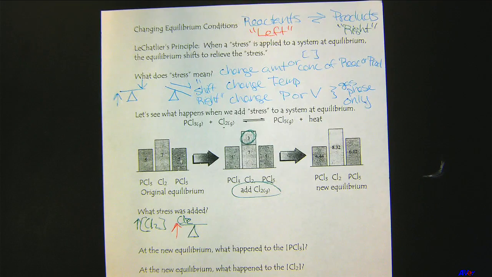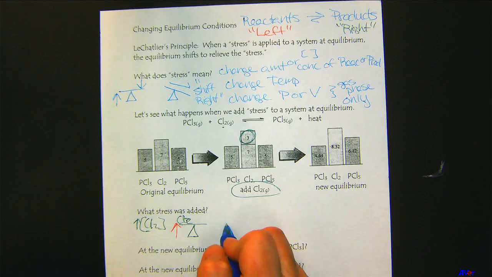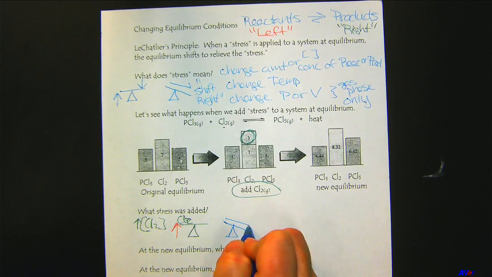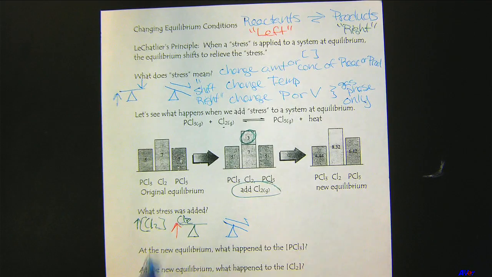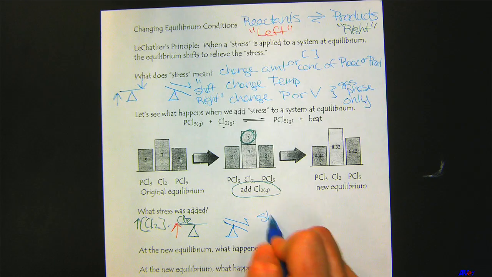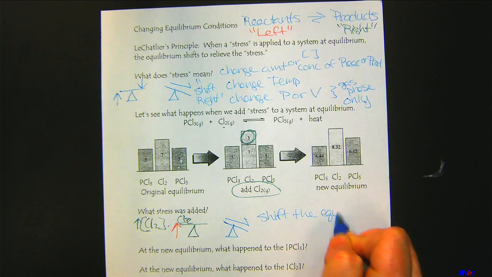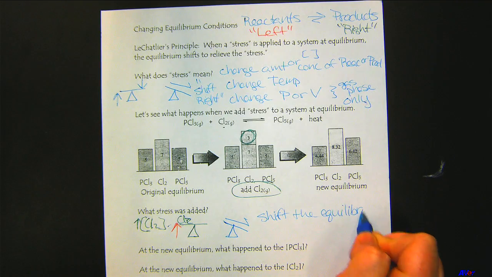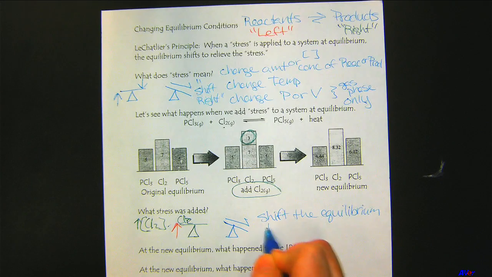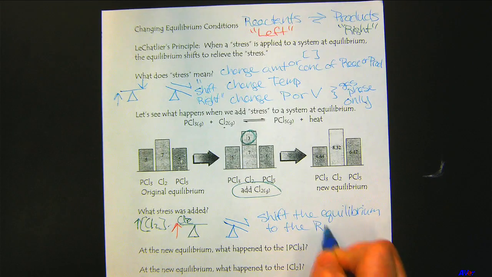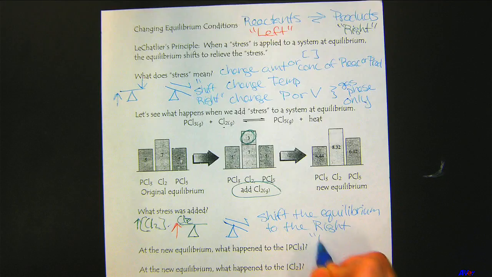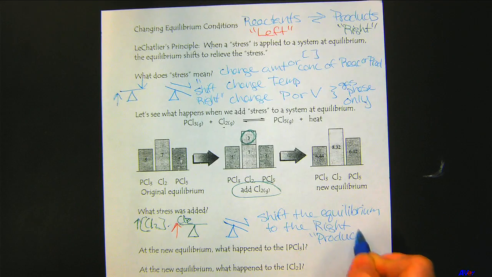Increasing is going up. So what have we done to our balance? We've shifted it. If we add the chlorine, we are going to shift the equilibrium to the right, to the product side.